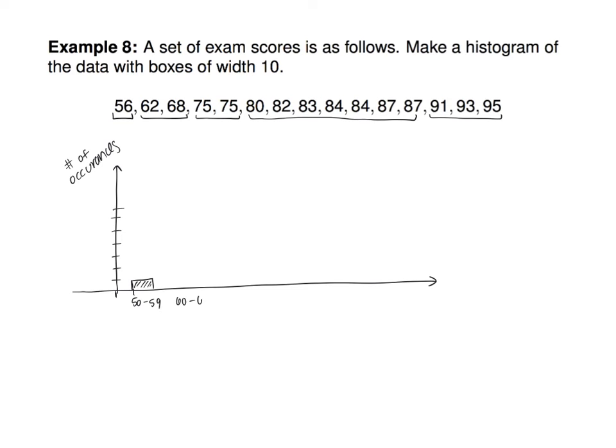In the 60 to 69 category, we had just 2. In the 70 to 79 category, we also had 2. In the 80 to 89 category, we had 7. 1, 2, 3, 4, 5, 6, 7. So there you go. And in the 90 to 99 category, we had just 3.